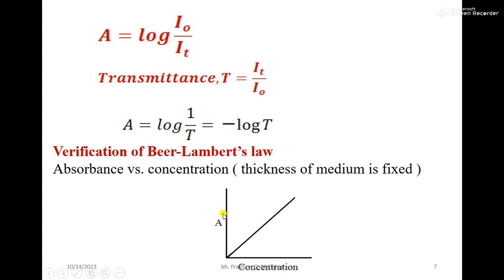That means if we get an absorbance versus concentration graph with positive slope, then we get a graph of percentage transmittance versus concentration with negative slope. When your graph passes through the origin, then you can say that the Beer-Lambert law is verified.